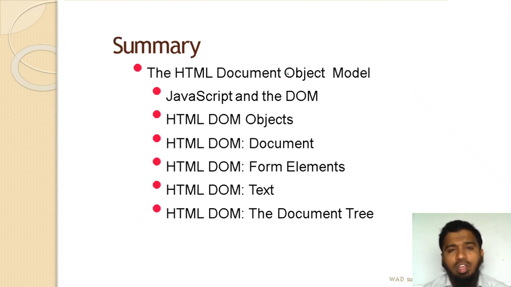Today we completed the HTML document object model. In that we saw JavaScript and the DOM, HTML DOM objects, HTML DOM document, form elements, and the text input type equal to text. We saw the document tree, how to navigate it, and how to use document.getElementById with an example.